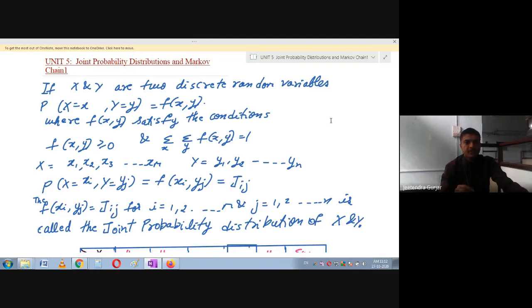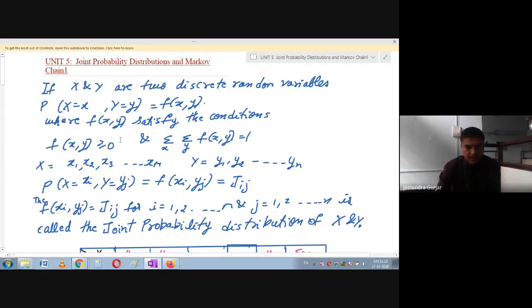If X and Y are two discrete random variables, then P(X = xi and Y = yi) is a joint probability, which is equal to the function given by f(x, y). Here f(x, y) satisfies the condition that f(x, y) is greater than or equal to 0, and it also satisfies that the sum over all xi and the sum over all yi of the function will be equal to 1.